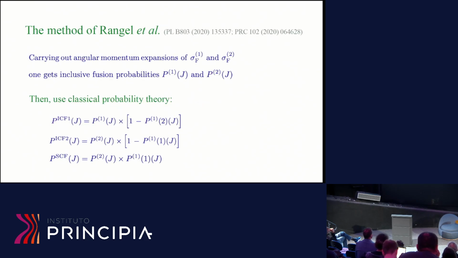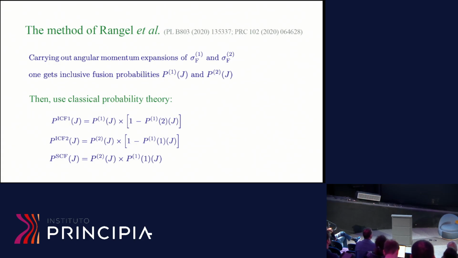Well, first we carry out angular momentum expansions of the cross-section of inclusive capture of fragment 1. And when one does that, one gets the inclusive probability of capture of fragment 1, which I denote as P1 of J for each angular momentum. And the same for the other fragment.